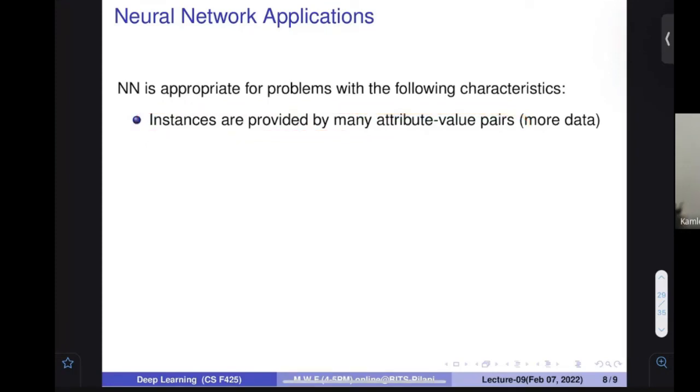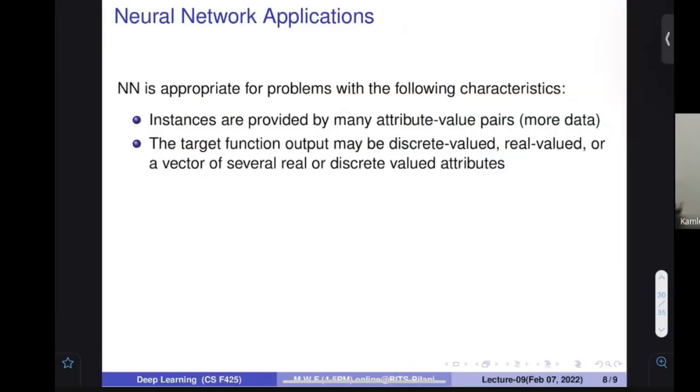It is going to be a supervised learning setting where for every input you are provided what the output is. Attribute value means what is the input and what is the output. And many such examples are there. The target function can be real valued or discrete or anything. That is not a big problem.